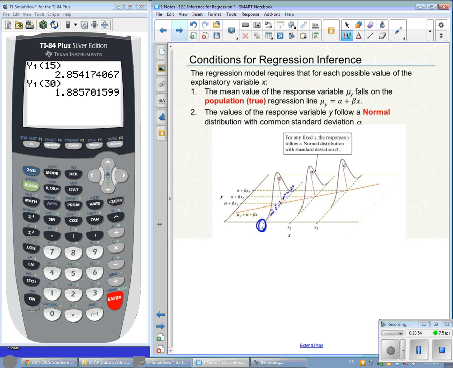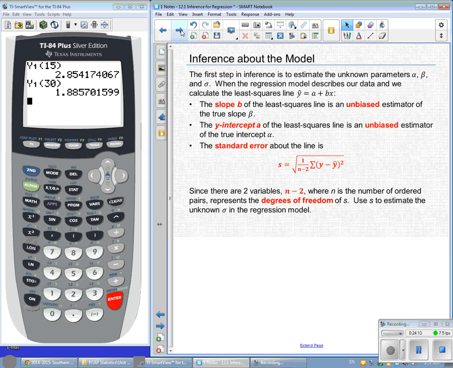That variance is going to be a normal distribution. If I have a group of students and I'm looking at kids that maybe watch 12 hours of TV, I'm going to have a bunch of different GPAs that correspond with 12 hours. So each of my Y's, each of my responses now are going to follow a normal distribution. And that's what this graphic is basically representing. Okay.